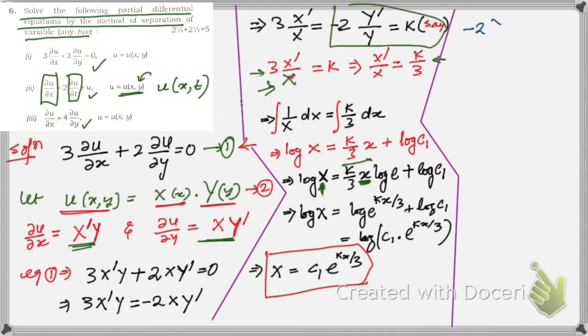Minus 2 capital Y dash by Y is equal to k. So capital Y dash is again d capital Y by d small y, that means the derivative of capital Y with respect to y. And using this, you can write the above equation in this form, right?